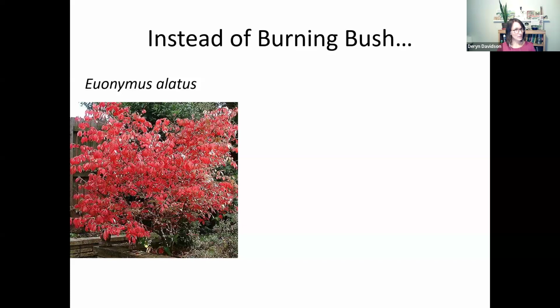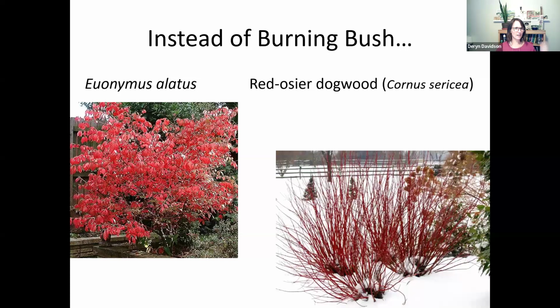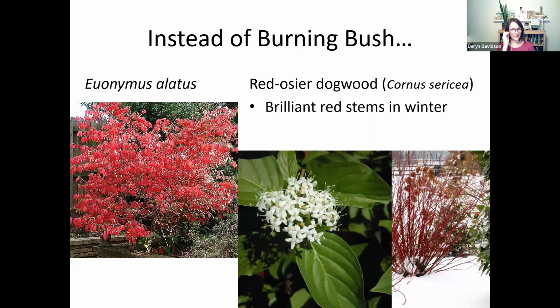Instead of burning bush, which I feel like sometimes you'll see and it's absolutely gorgeous, but more often than not, they're pruned incorrectly, they're just not maintained well, and they don't look that good. So an alternative there is red osier dogwood. They get brilliant red stems in the winter, really pretty. And then they have these white flowers and they get some fruit.